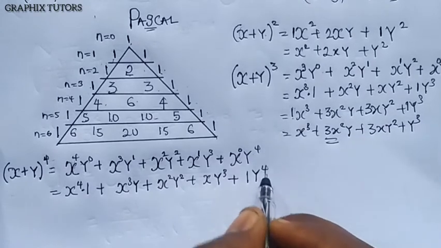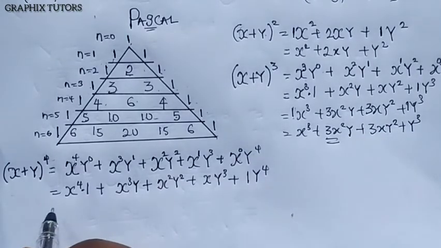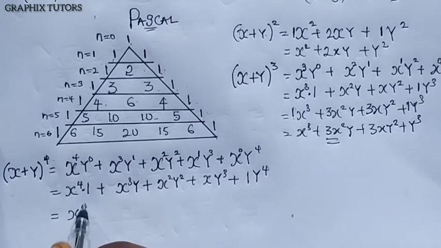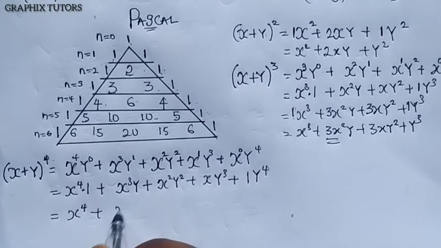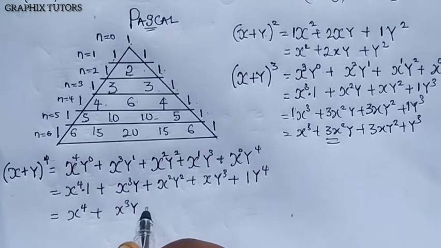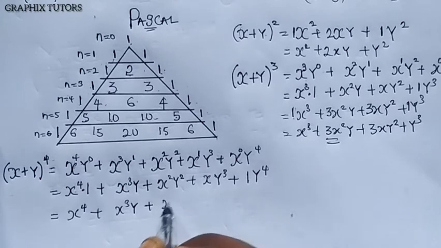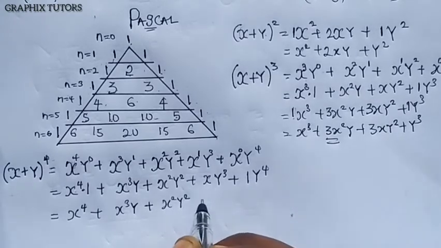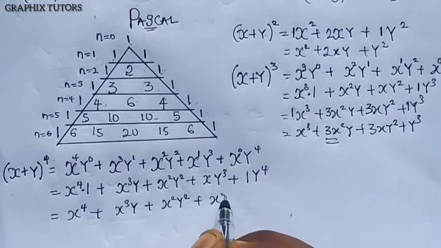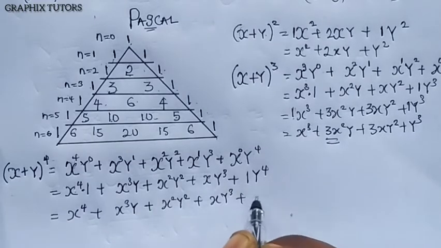Now from here we'll have x⁴ times 1 giving you x⁴ plus x cubed y plus x squared y squared plus x y cubed plus y⁴.